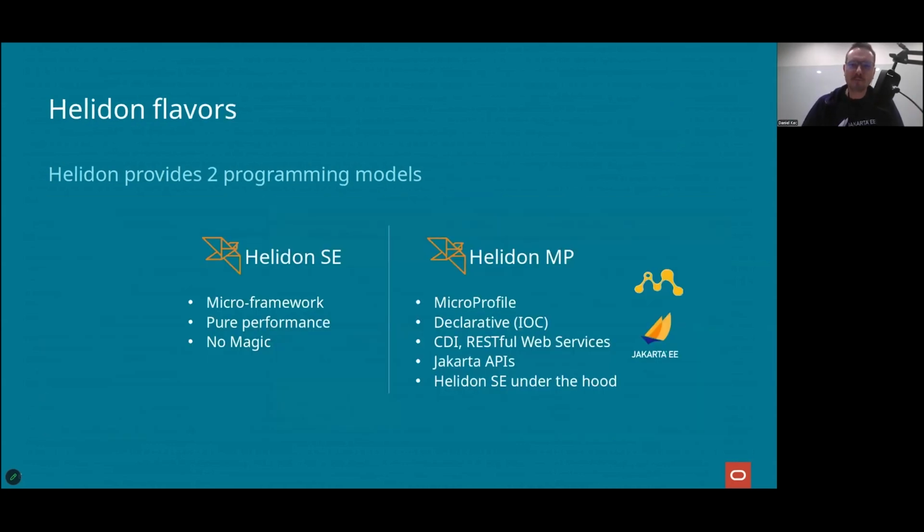We have two flavors of Helidon. We have Helidon SE. That's not that interesting for all the Jakarta enthusiasts out there. It's a micro framework. There are no specified APIs, it's our own custom ones, and there is no magic, no injection. It's pure performance.